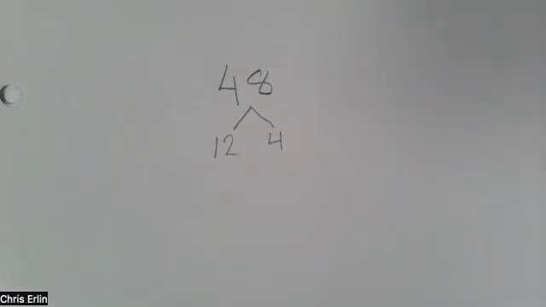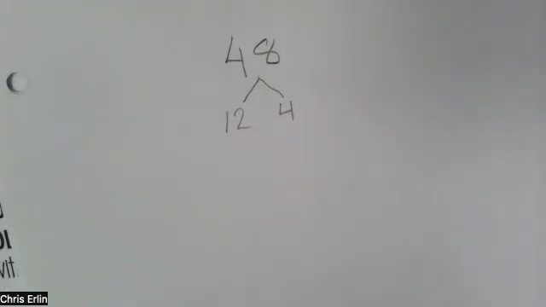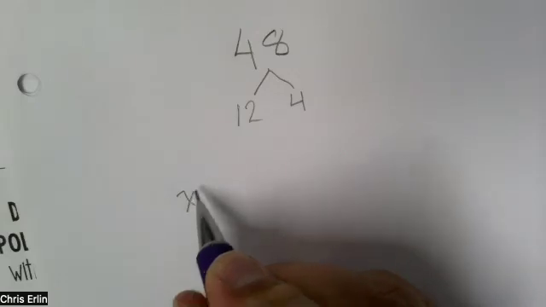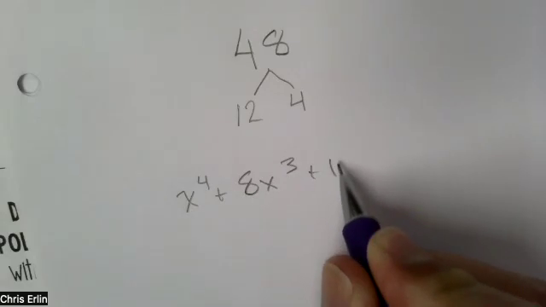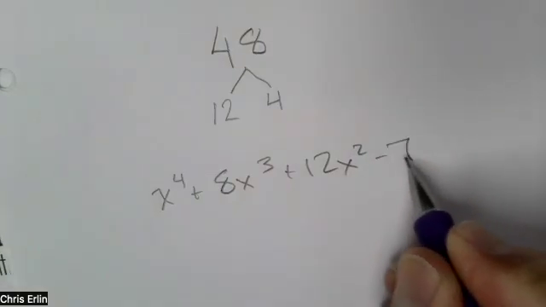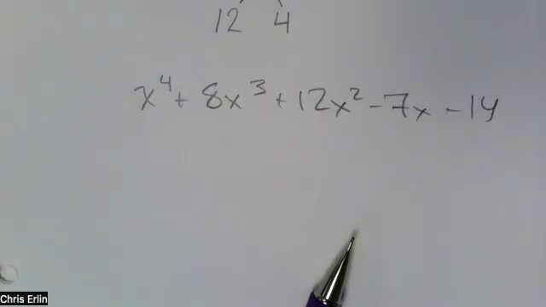Agreed? So what if I were to say, for example, factor x to the fourth plus 8x cubed plus 12x squared minus 7x minus 14. And I said factor that.